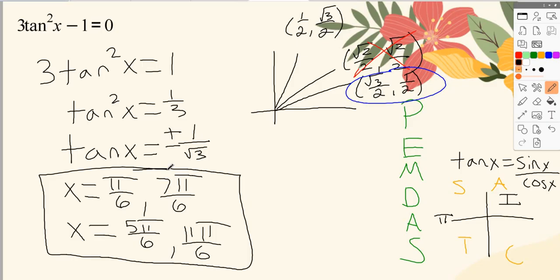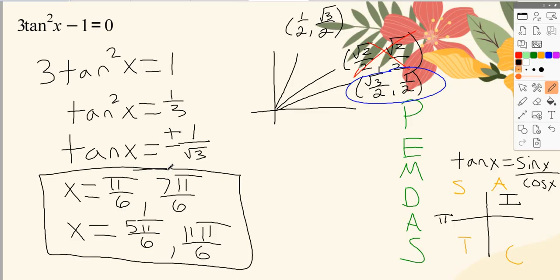So I'm still going pi over 6, but if it was just the negative one, then pi over 6 isn't going to be one of my answers because that only works for the positive one. But I start there because now I know that I still have to have 6's in my other two. Does that make sense? So I always start with my first quadrant, whether it's positive or negative, because then, like you were saying, all my denominators have to match.